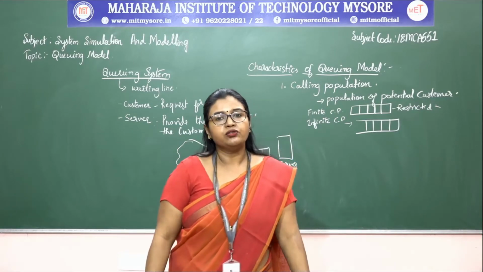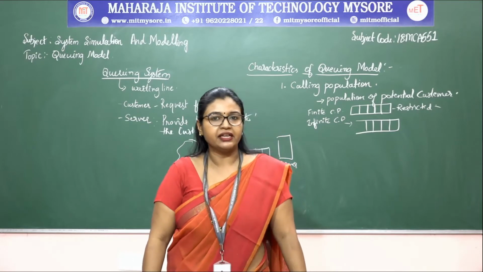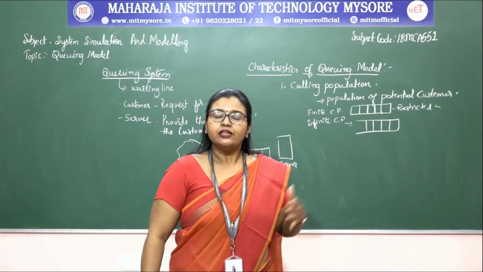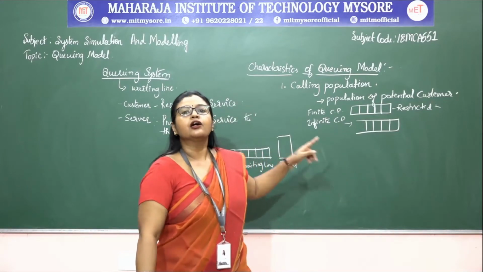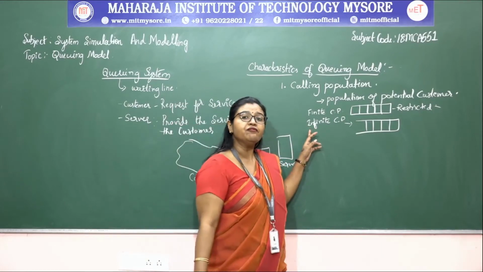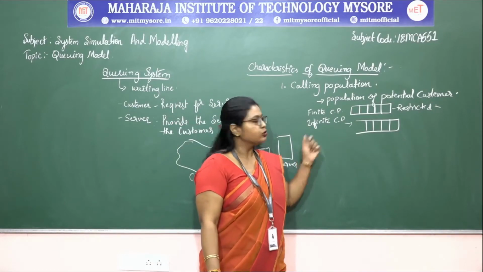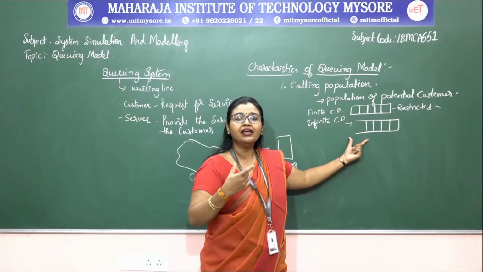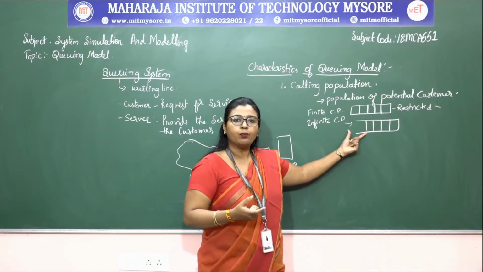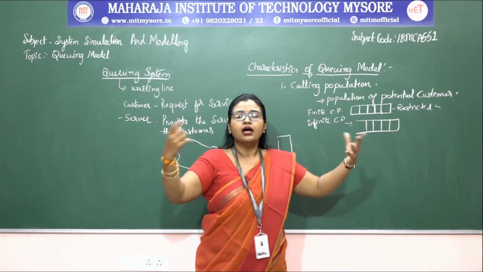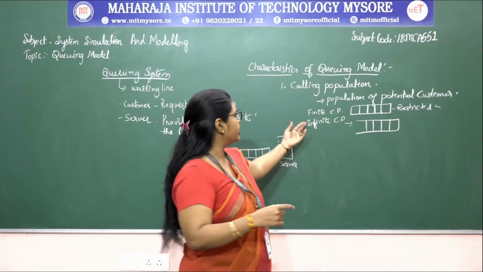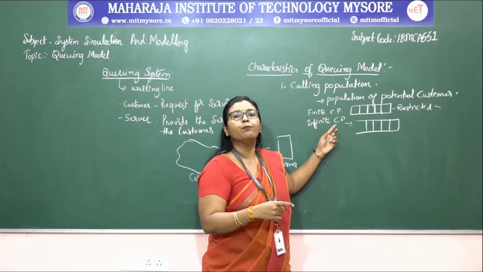If you want to see any movie, you need to take a ticket, and before it is issued the queue will be there. So that is an infinite calling population. Here we don't have any queue limit. N number of customers who are willing to take the service is called an infinite calling population.